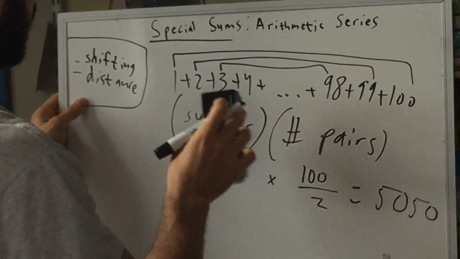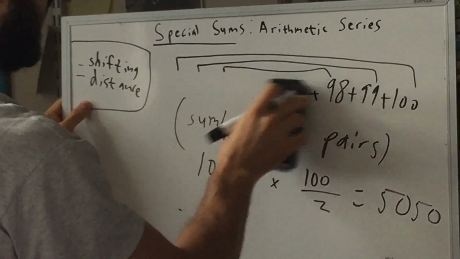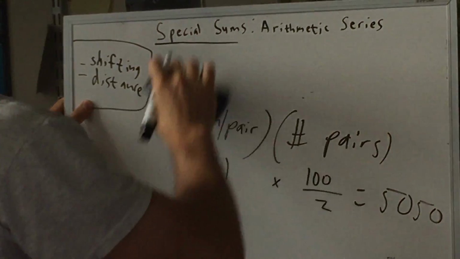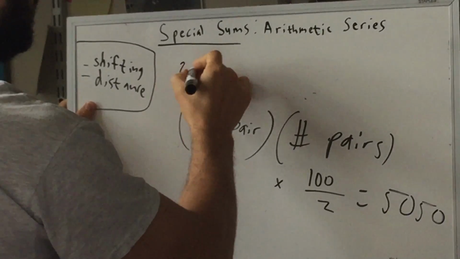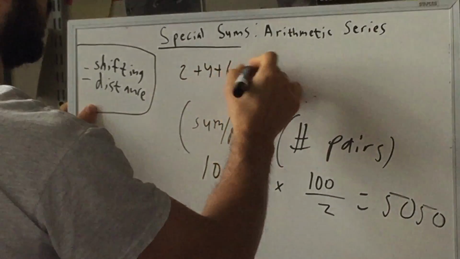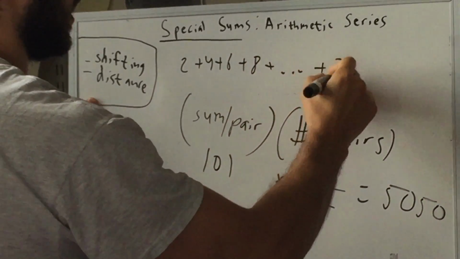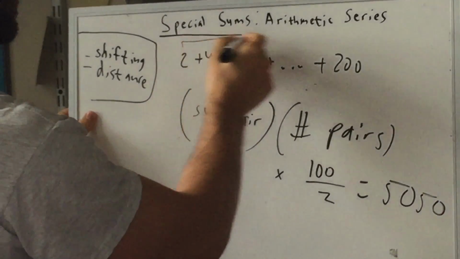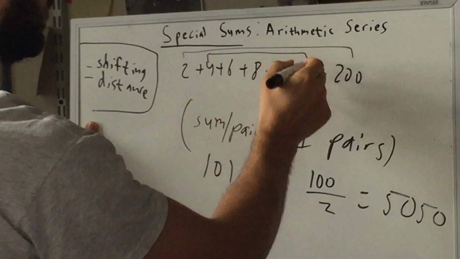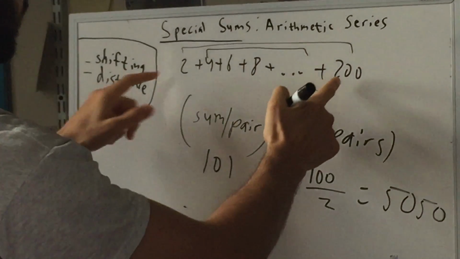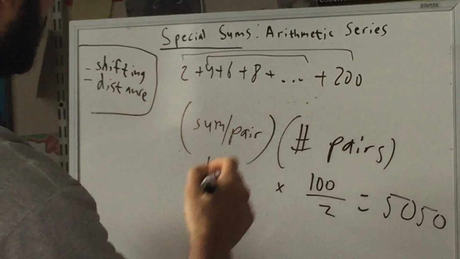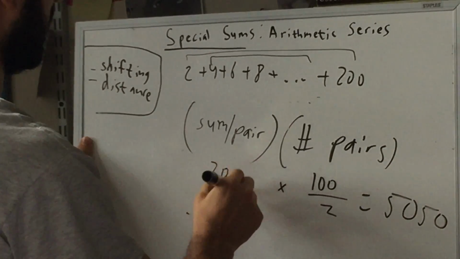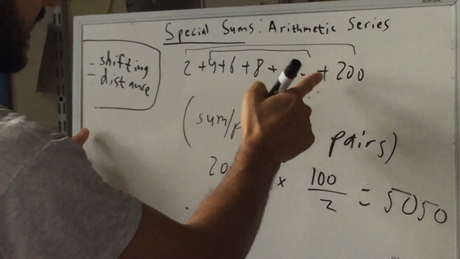So let's imagine we have 2 plus 4 plus 6 plus 8 all the way up to 200. So this time we're going to pair them up again. It'll be 198. So 2 plus 200 is 202. 4 plus 198, again 202.